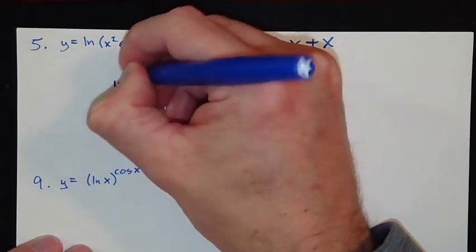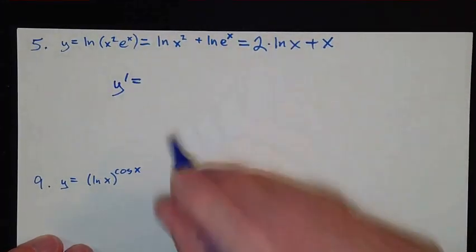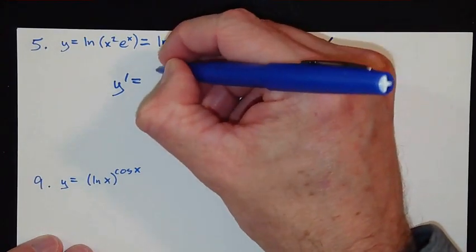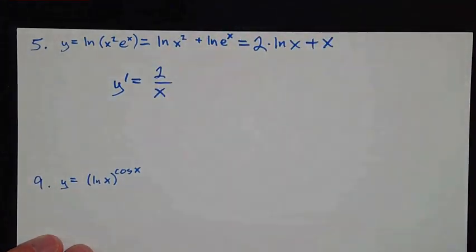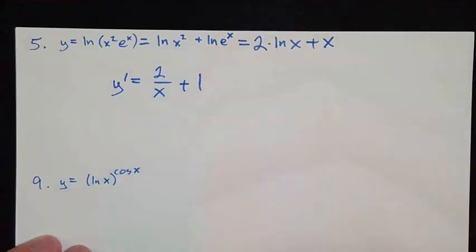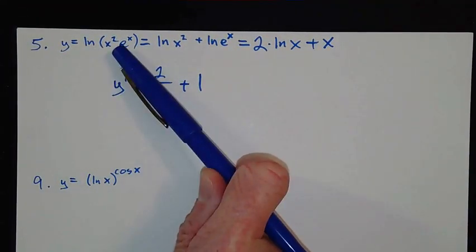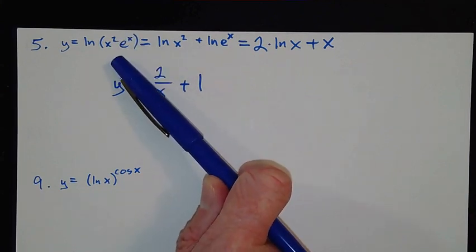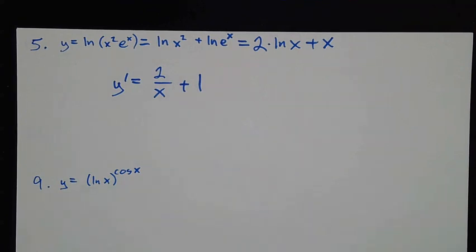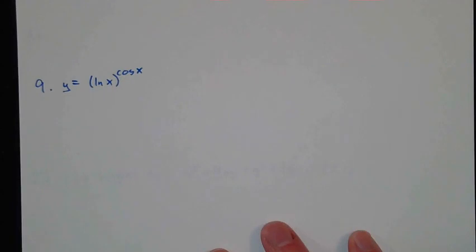So my answer on this one is just that the derivative is 2 times the derivative of the natural log of x, 2 times 1 over x, plus 1. And if you do this the hard way, if you say the derivative of log of something is 1 over the something times the derivative of the something, it works out, and you've got a lot of simplifying that you can do to get it to look like that. But obviously simpler to do that.